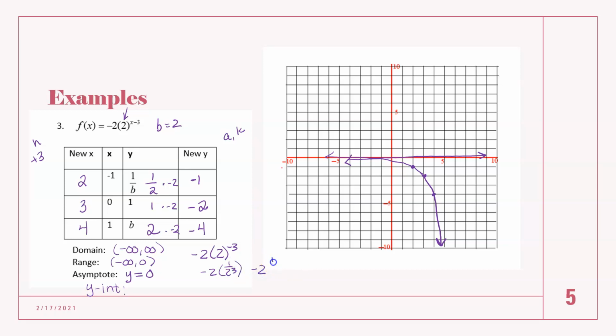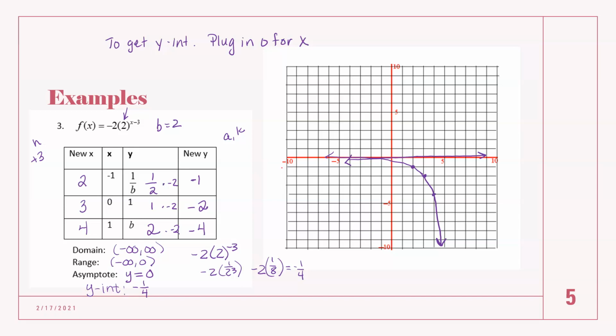So -2 times 1/8 is -1/4. That's your y-intercept. So again, to get your y-intercept, you plug in 0 for x, and that's only when it's fractional and you can't see that it's a whole number.